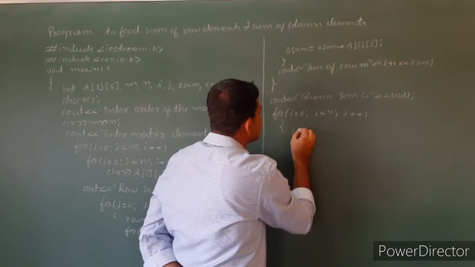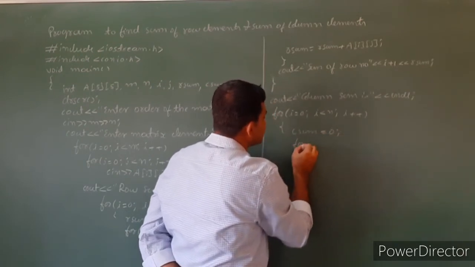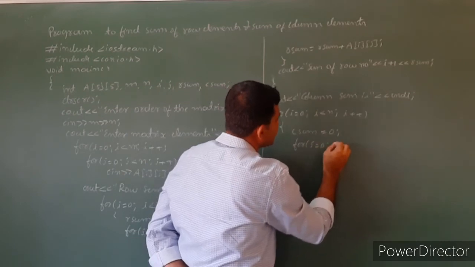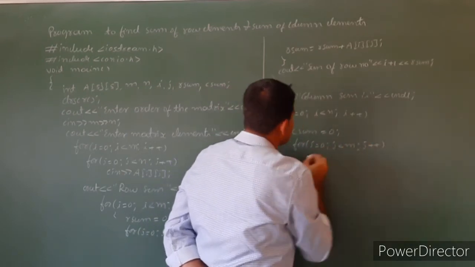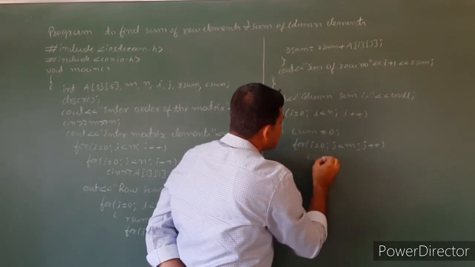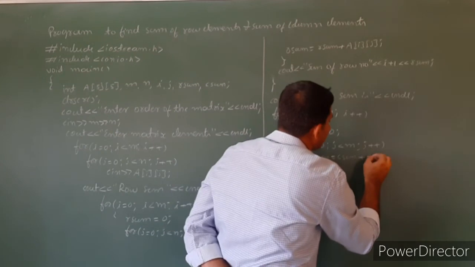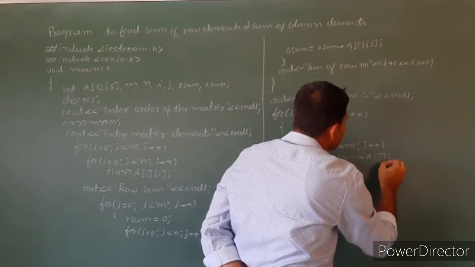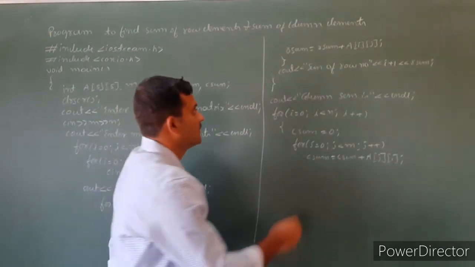Then initialize csum equal to 0, access the j elements: j equals 0, j less than m, j plus plus. Add csum equals csum plus a of, first write the j value, then the i value, j i.